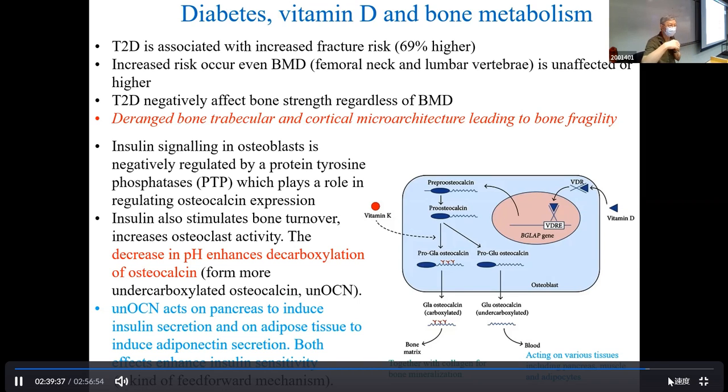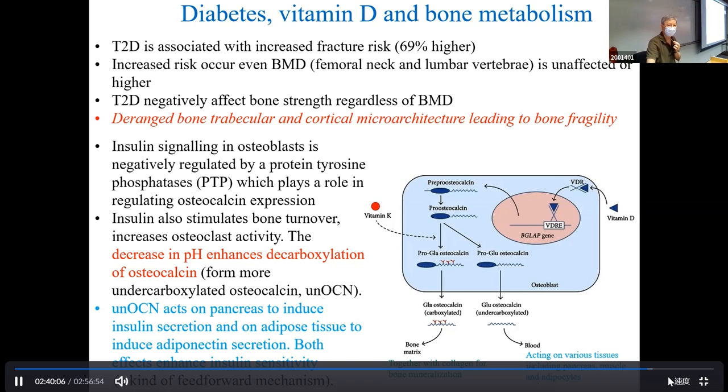Carboxylated osteocalcin is important for mineralization of bone. But the uncarboxylated osteocalcin also has impact on your body, and it has been studied extensively, and it acts on various tissues, including pancreas, muscle, and adipose tissues.